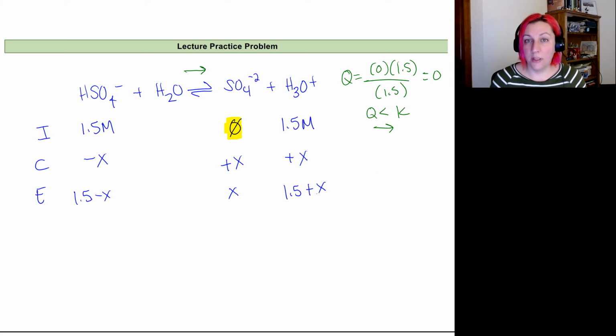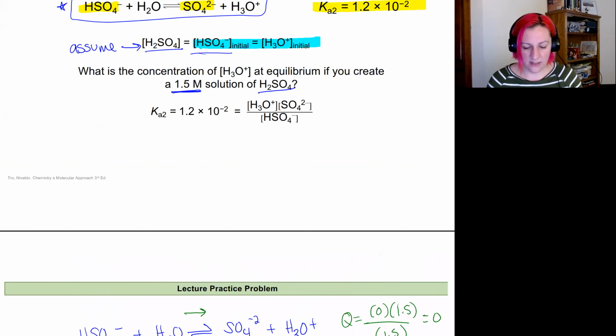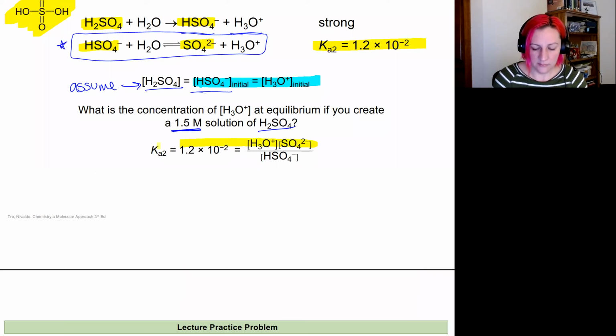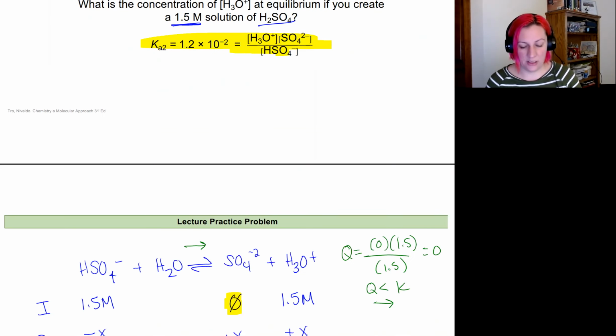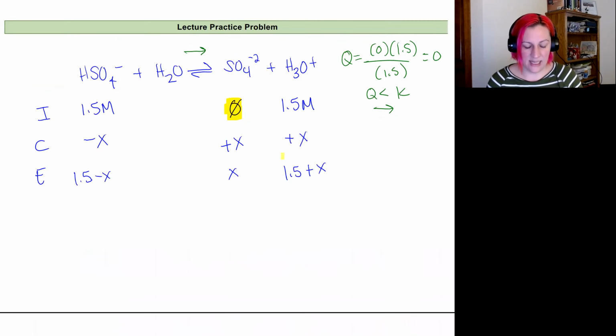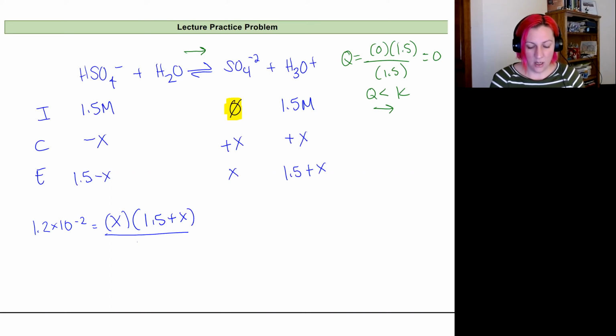So I'll plug that into the equilibrium expression that I had before. We've got that given to us right here. So that Ka value is 1.2 times 10 to the negative 2, and it'll be equal then to that product X times 1.5 plus X, all divided by 1.5 minus X. And so this is going to quickly lead us to a quadratic.